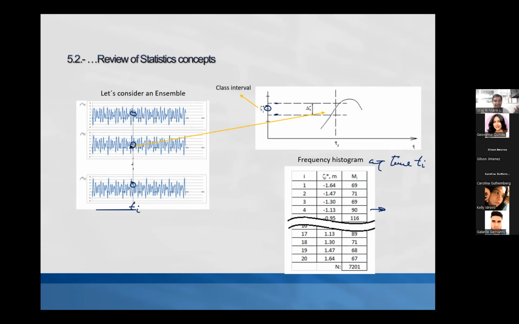Well, it makes sense to divide 90 by the total. And that's what we call the probability. So the probability that you take any one of these results and that result is in this interval is this quotient. It is the number of observations that were in that interval divided by the total number of measurements. Okay, that's probability.